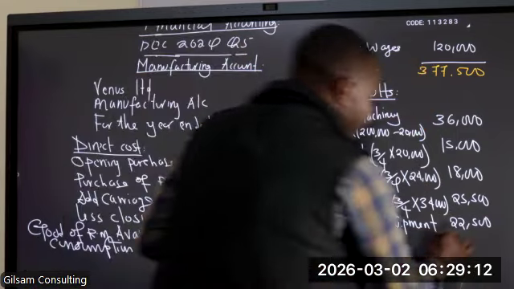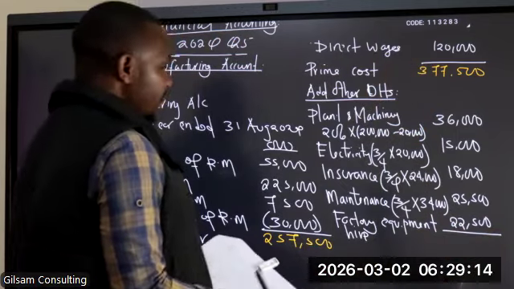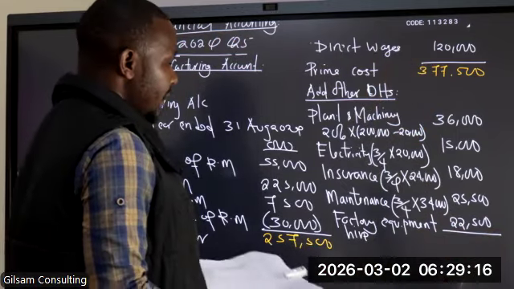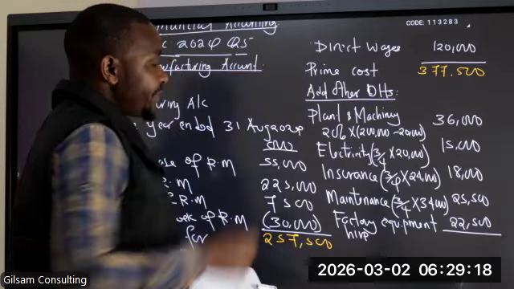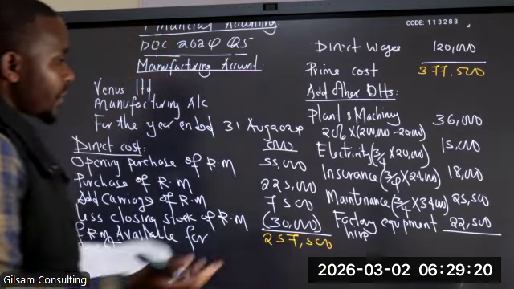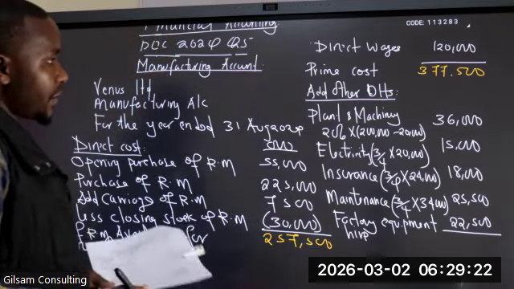Then from there, you can get the gross production cost, and then we add the other one.